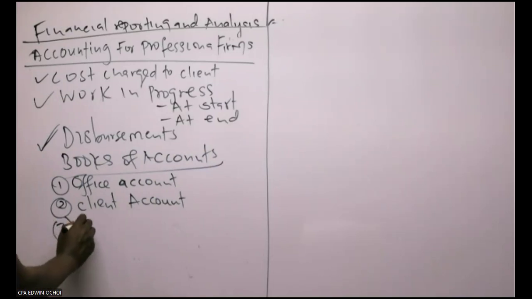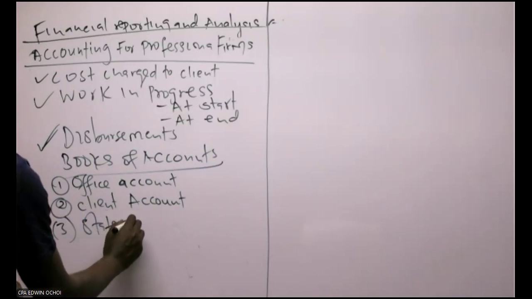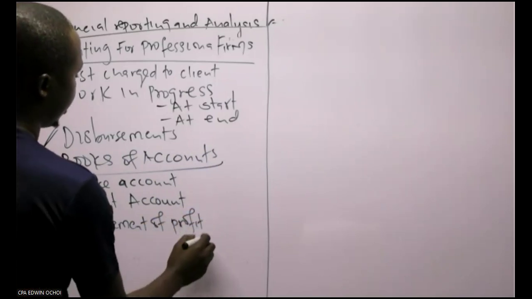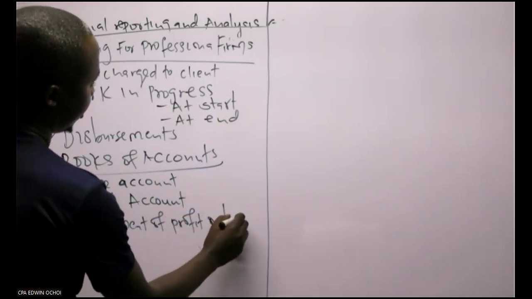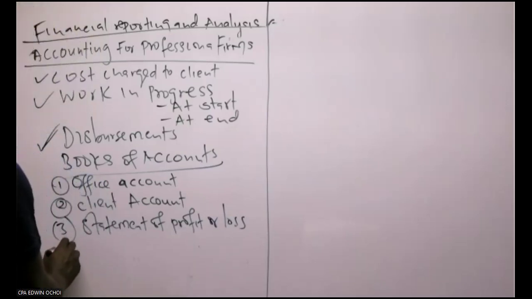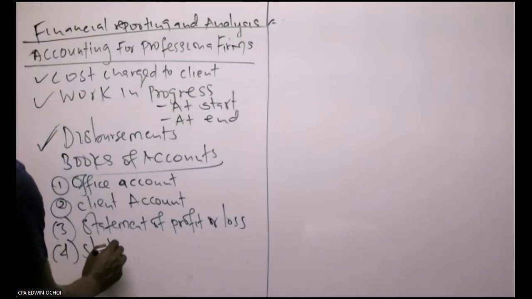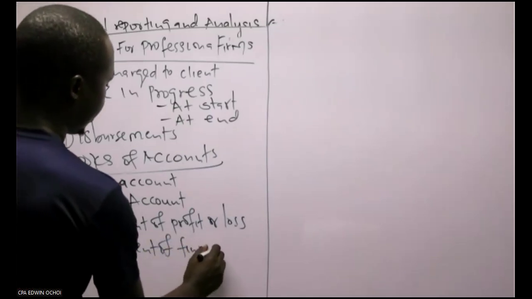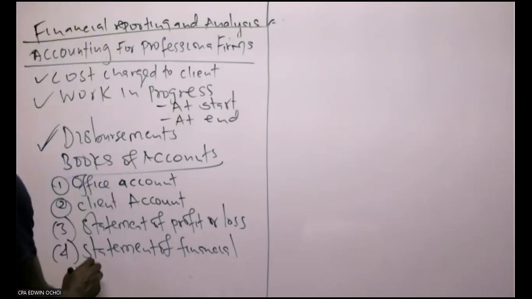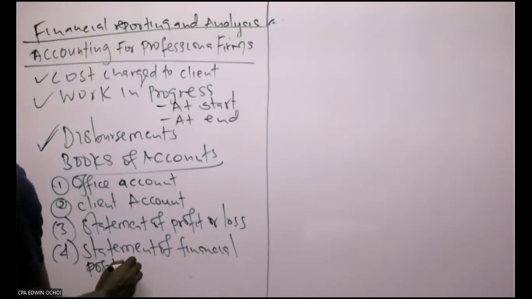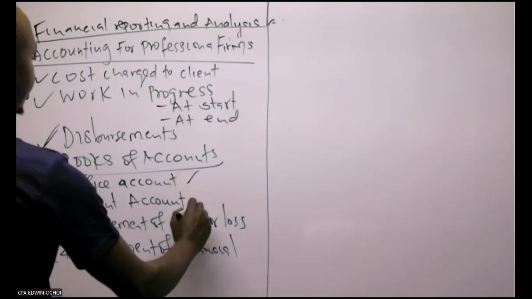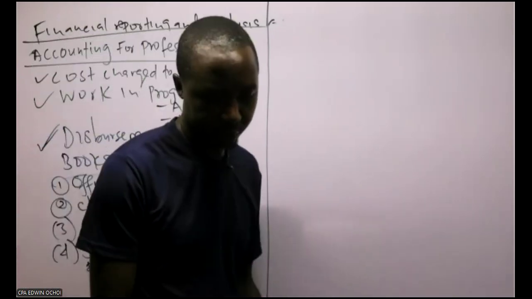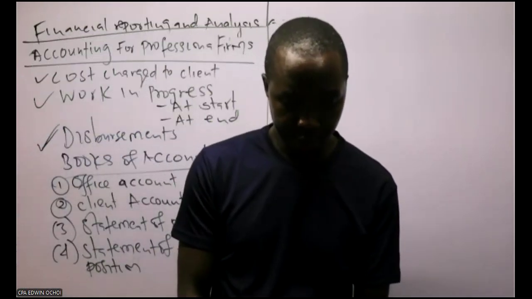Number 3, the statement of profit or loss. And number 4, the statement of financial position. So let's talk about the office account, and we talk about the client's account a bit.